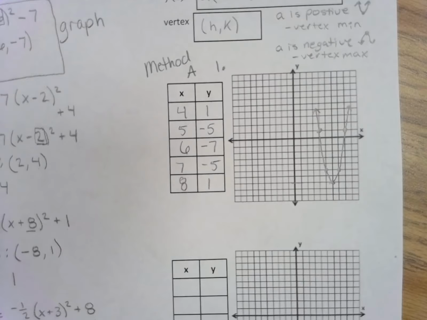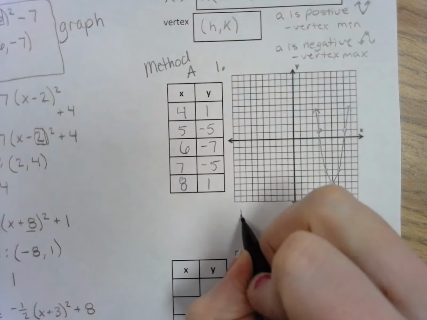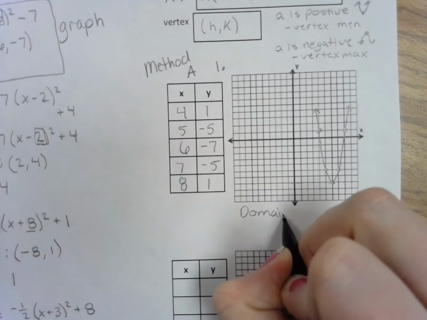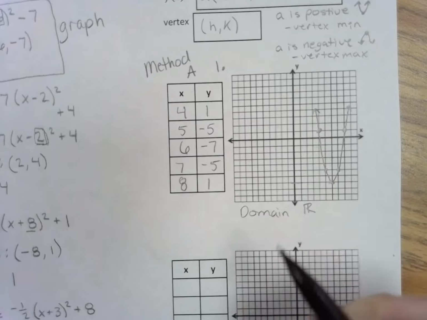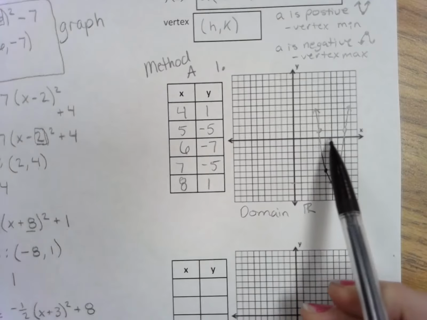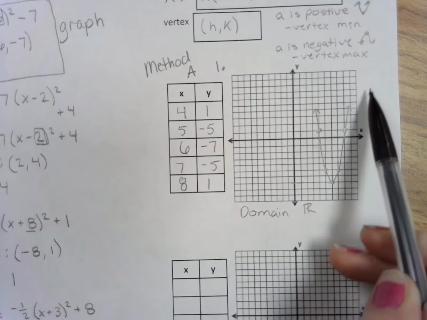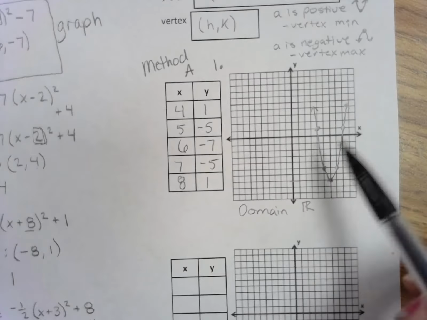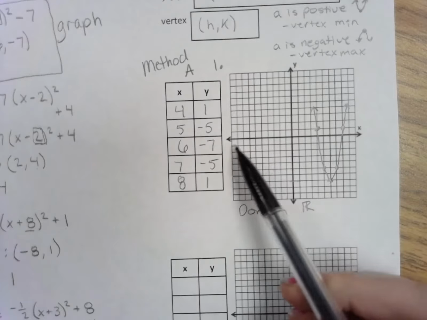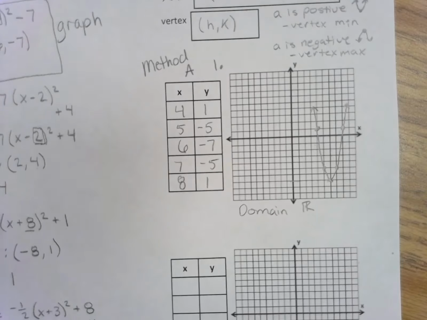So we can use that minimum value to help name the range. As you previously should have learned, domain is all real numbers. If I talked about the x values on this graph, eventually this graph will continue forever in both directions, reaching all real numbers for this graph.